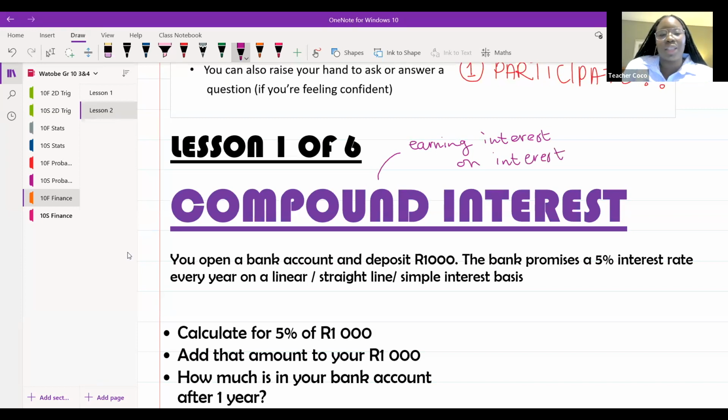Mawande, do we have a question? I see your hand is up. Hi, ma'am. I have a question. Would there ever be a question where we're missing two pieces of information, like interest and year? No, in that case it would be the accumulated and the principal, not interest and the year. Unless they say something like, how long would it take for the money to double?